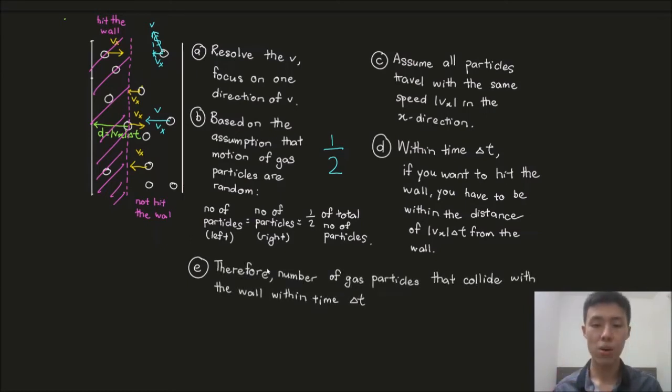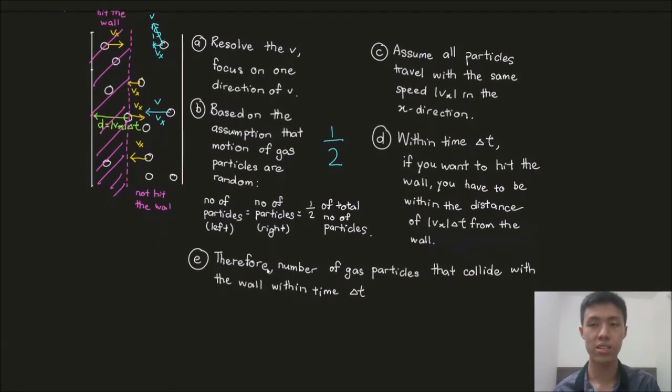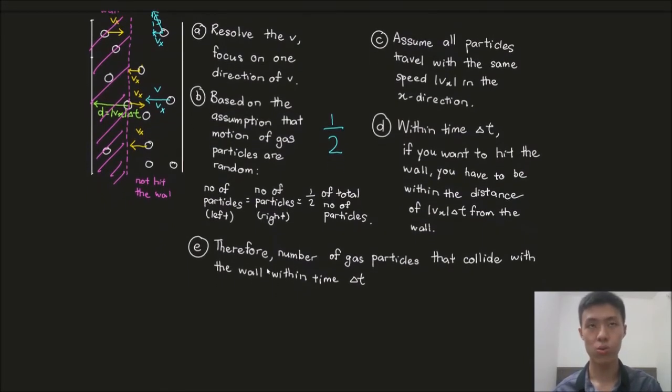Okay, so now we'll be finding the number of gas particles that collide with the wall within this time delta t. So how do you find this? We have already specified this pink region to be the volume where, if you're staying in this volume, you'll be able to hit the wall. If you're outside of this pink volume, you are not able to hit the wall.